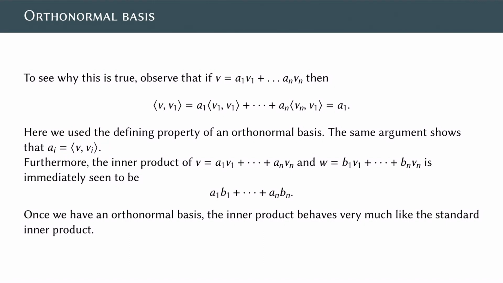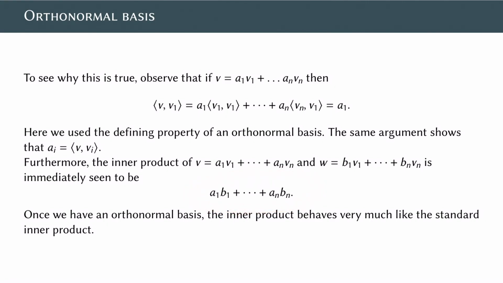So we can write down the coordinate vectors very easily whenever you have an orthonormal basis. Another advantage of working with an orthonormal basis is that even the inner product becomes really simple. If you have two vectors V and W whose coordinate vectors are A1 to An and B1 to Bn with respect to the orthonormal basis V1 to Vn, then using the same inner product trick, when you do V comma W and expand everything out, it is immediate to see that this is nothing but A1 B1 plus dot dot dot An Bn.